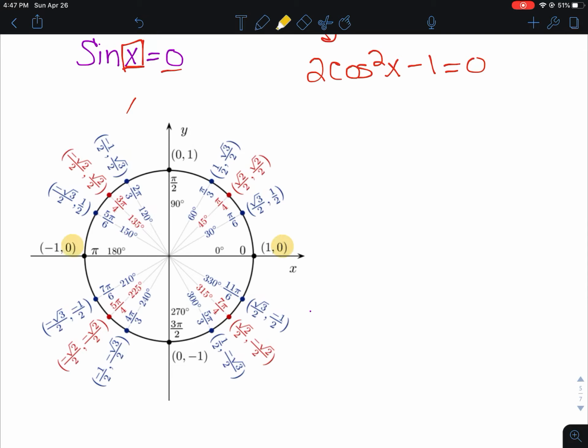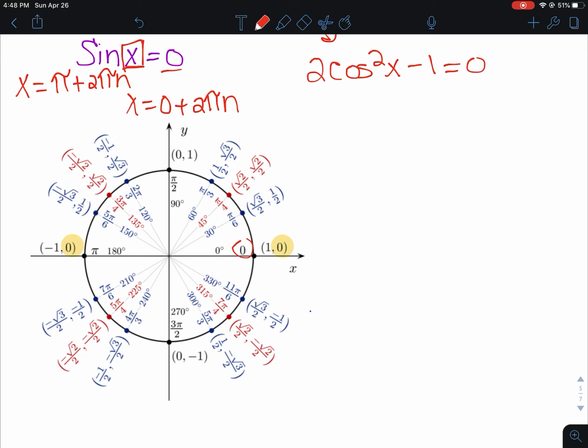So remember, the sine is the y value. I see one here and here. So then I know x is equal to 0, or radian of 0, plus 2 pi n, or x is equal to pi plus 2 pi n, okay?